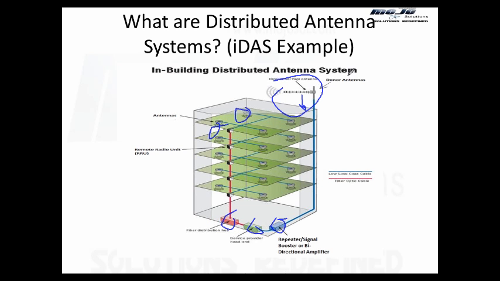Instead of using a macro site, we can feed this signal from our own base station. We can remove this, install an RBS or Node B and feed the signal. Theoretically, we can do that as well. So these are our options.